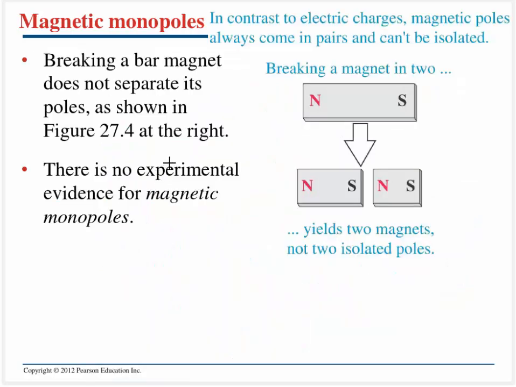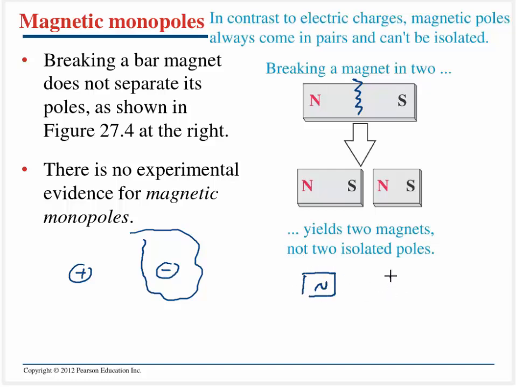One thing that's a big difference between electric charges and magnetic poles is that we could talk about positive charges and negative charges separately. We were able to isolate them. However, if you take a magnet and you break it into two, you're going to get two magnets, each with a north and a south.